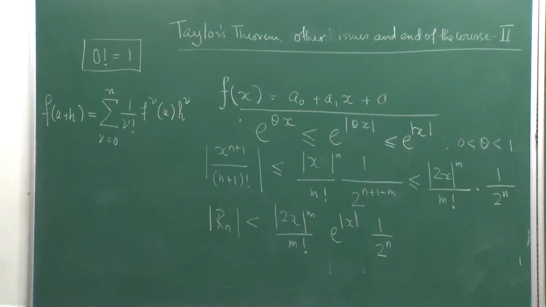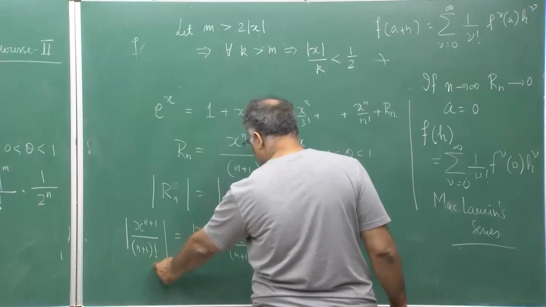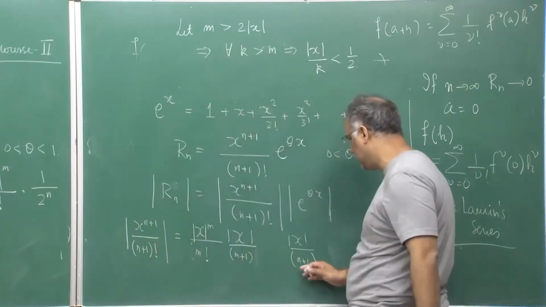Now you see we have broken up x^(n+1) by n plus 1 factorial into these things, you can understand.